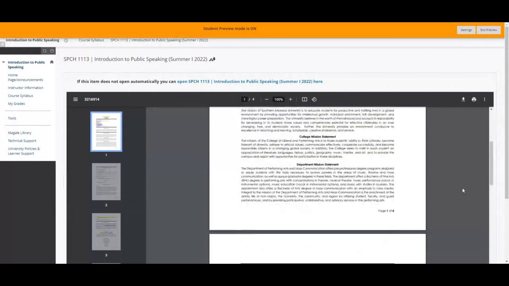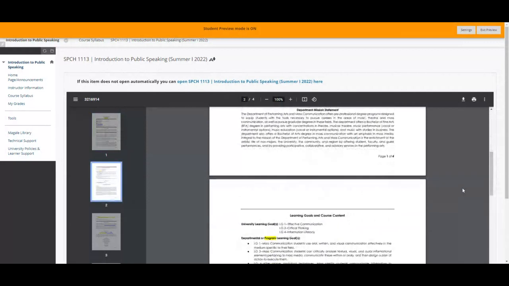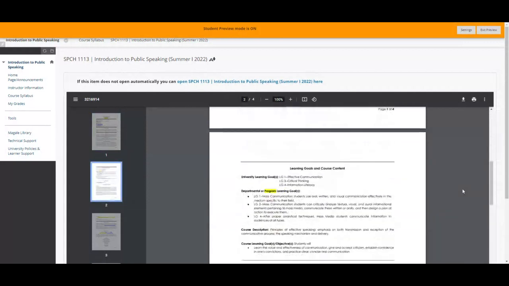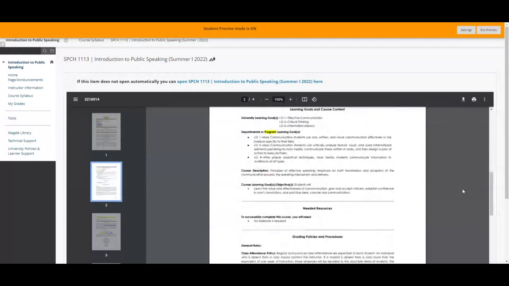So a lot of the stuff that you see here as we traverse down to page 2 is required information that effective communication, critical thinking, information literacy are part of the university learning goals that are important for you to learn. The program learning goals are specific to our mass communication program. As I indicated, I run the mass media program and have been at SAU for a number of years.